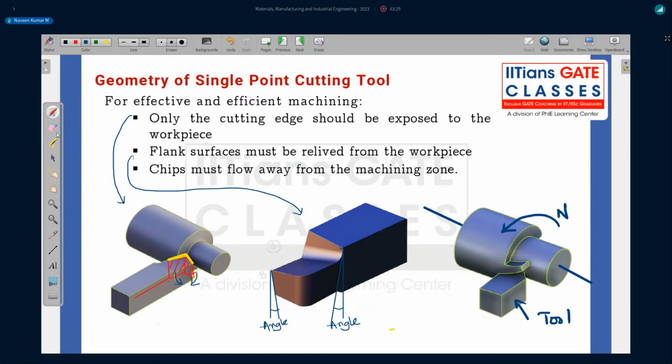And I can say this is the chip. I'll take a different color so that it will be easily identifiable. Away from the machining zone. It should not come inside. Okay, 2 more angles. So this belongs to this.